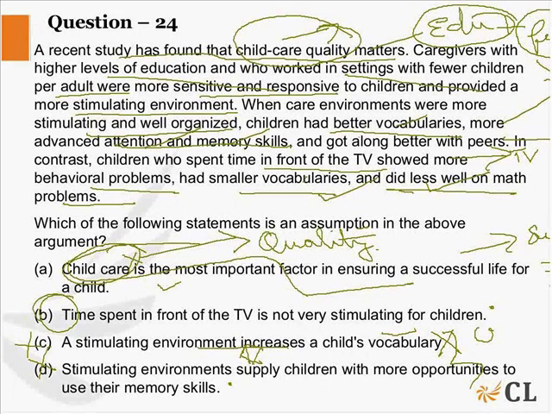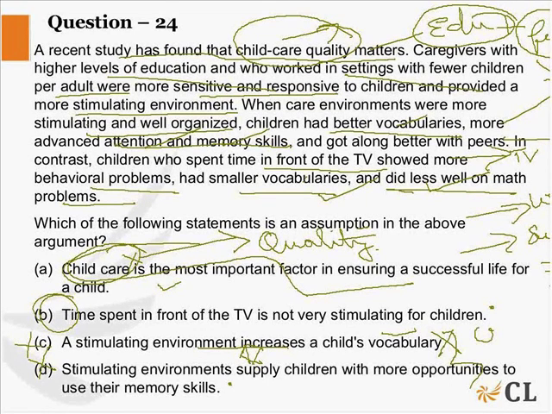Manas says, sir, here it is assumed that child care is proportional to success. Where is it written like that, Manas? No. When we talk about an assumption, please understand, assumption has to answer the why of the author's argument.